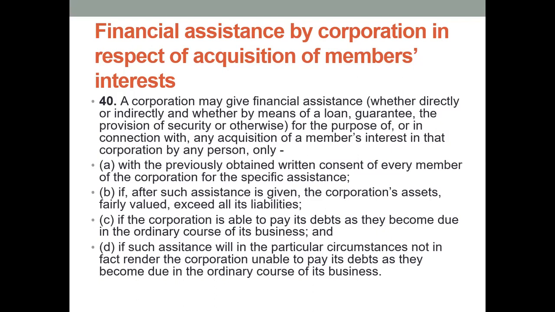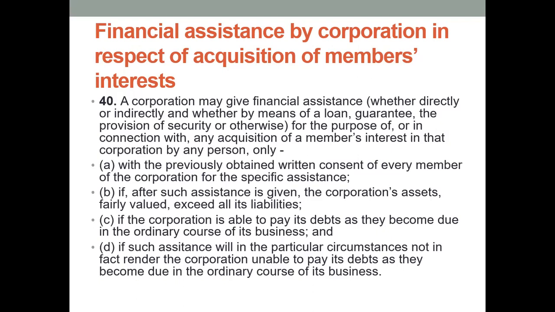by any person only with the previously obtained written consent of every member of the corporation for specific assistance. So there should be a written consent of every member before they give that financial assistance.